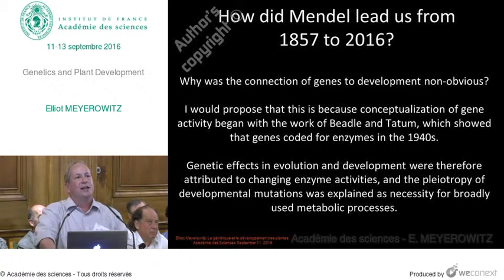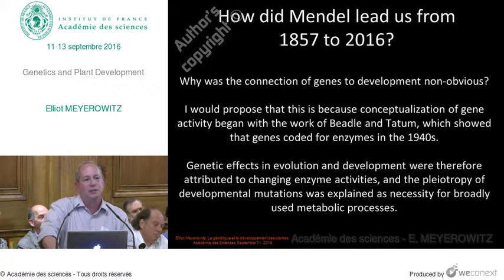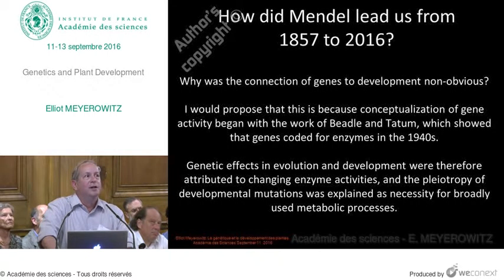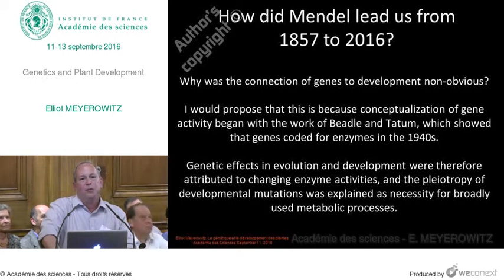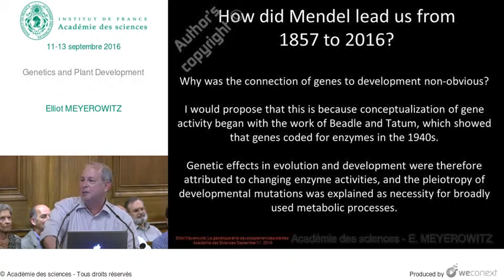And so genetic effects in evolution and in development were therefore attributed, for example, in Stebbins' work, to changing enzyme activities in cells. And the pleiotropy of developmental mutations was explained as a necessity for broadly used metabolic processes. So if you affect the synthesis of a vitamin or amino acid, you could have pleiotropic effects in development, but that wasn't actually what was happening.